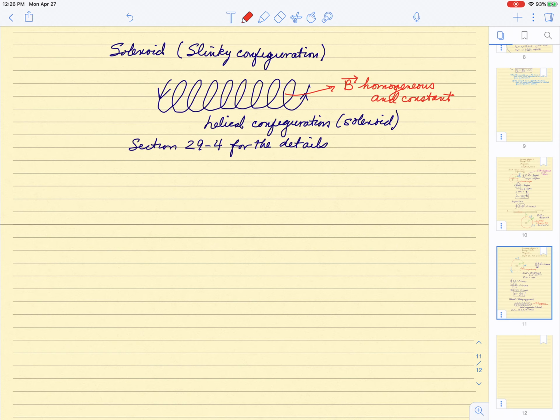Given this configuration, the magnetic field is going to be in this direction. That is the direction of the magnetic field inside that solenoid. Inside, it's constant and homogeneous. Outside, the magnetic field is zero, which is interesting. Now, there are some caveats.